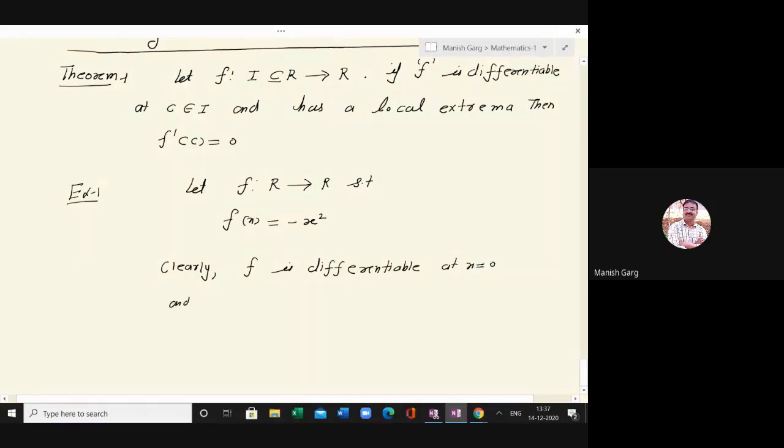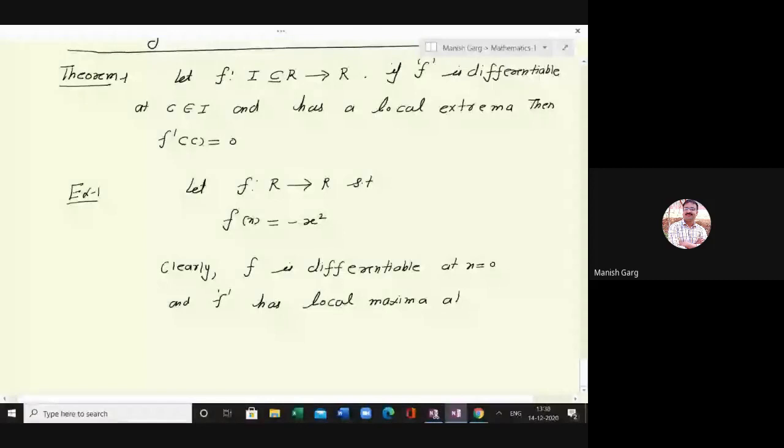And if you see f(x) equal to minus x square, can you say about local maxima or minima? Yes. At x is equal to 0, it will have a local maxima. From the geometry you can say f has a local maxima at x is equal to 0.